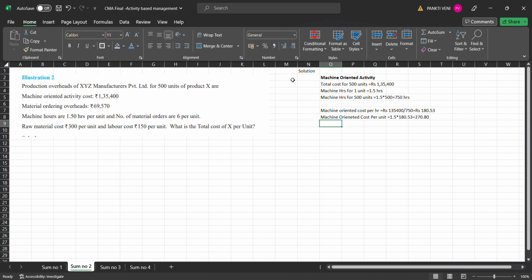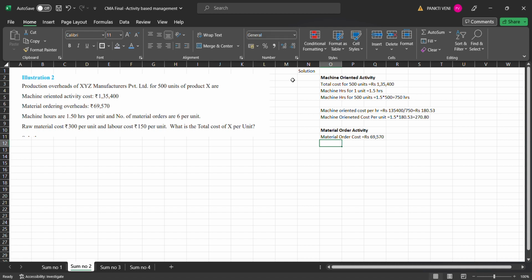Now let me go for next activity, that is material order activity. Material ordering activity. Here they have given me material order cost rupees 69,570.